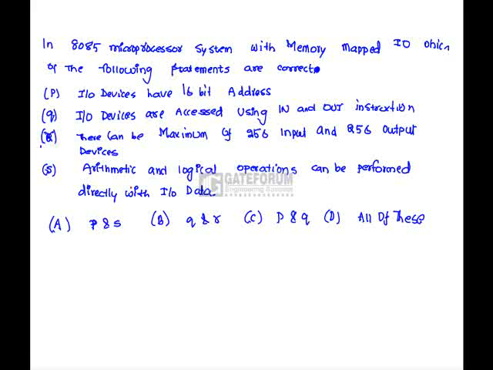Statement S, arithmetic and logical operations can be performed directly with the IO data. This statement is correct because memory space is allotted to the IO devices. Logical and arithmetic operations can be performed with the memory space. Hence, we can perform them directly with the IO device as well because it uses the memory instructions. Hence, statements P and S are correct. Hence, option A is correct.